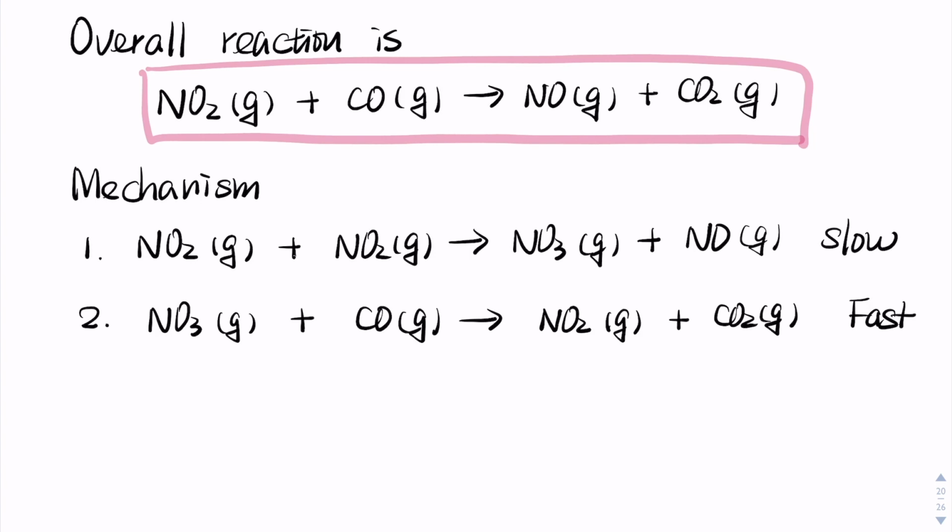But with mechanism, we propose what could be the steps that actually happened, and those are called elementary steps. Therefore, for this particular reaction, there are two elementary steps. For writing the rate law for this overall reaction, we could, based on the mechanism, try to come up with the overall rate law.